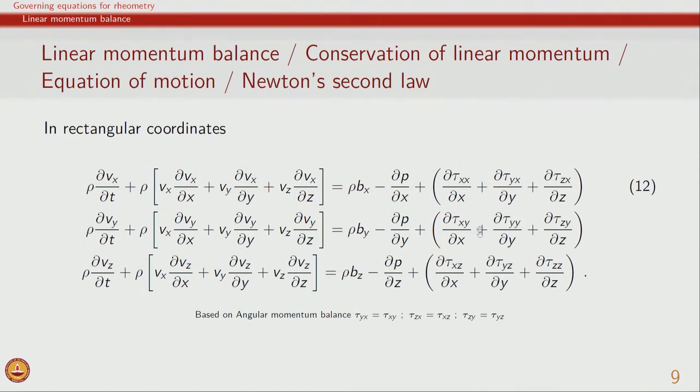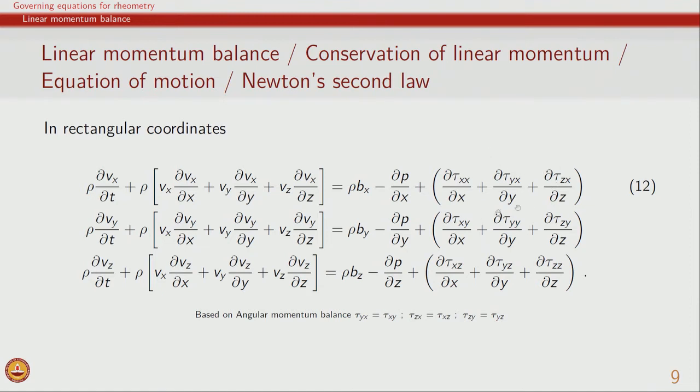And these are the terms which are related to the stress, the divergence of stress. Given that we are looking at the overall force balance in the x direction, or Newton's second law in the x direction, we have three stresses which contribute, and these stresses are on three different surfaces. This is the stress in the x direction on the x surface, the stress in the x direction on the y surface, and the stress in the x direction on the z surface.